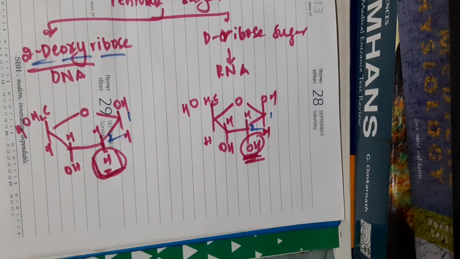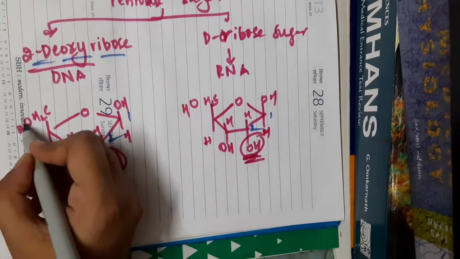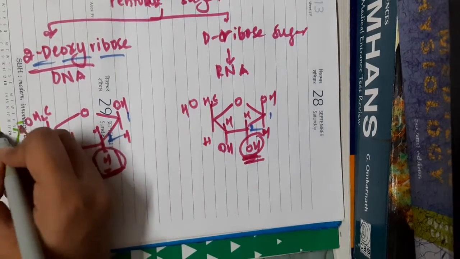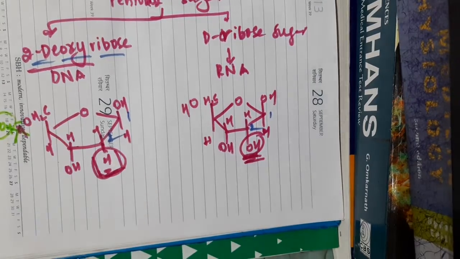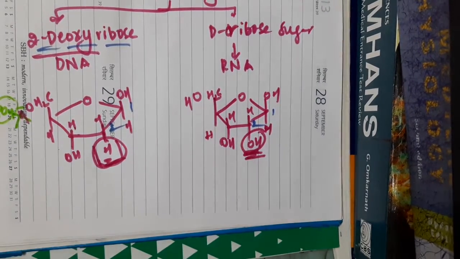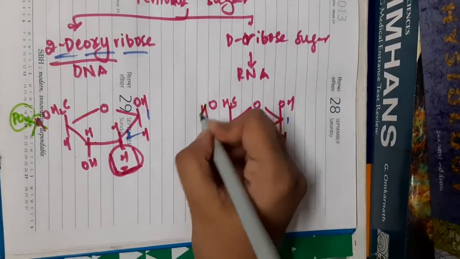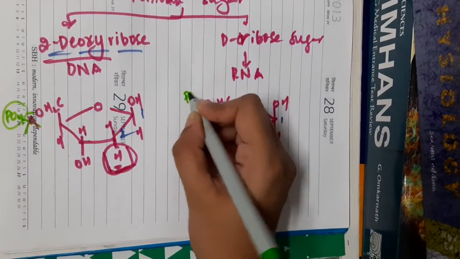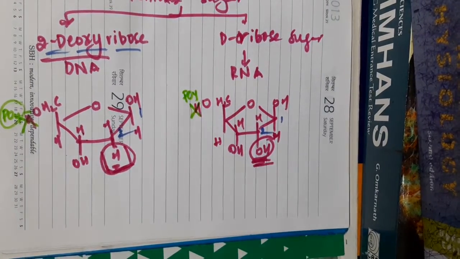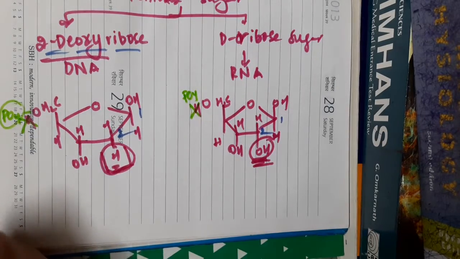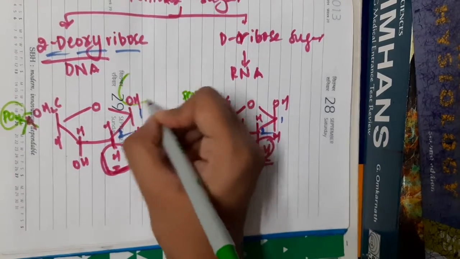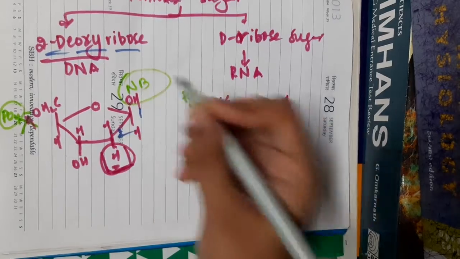Now, where is the phosphate group attached? Here this H plus is removed and here the phosphate group is attached during DNA formation. Even here, this OH is removed and there is phosphate bond formation. And then here you will see the nitrogenous base being attached.